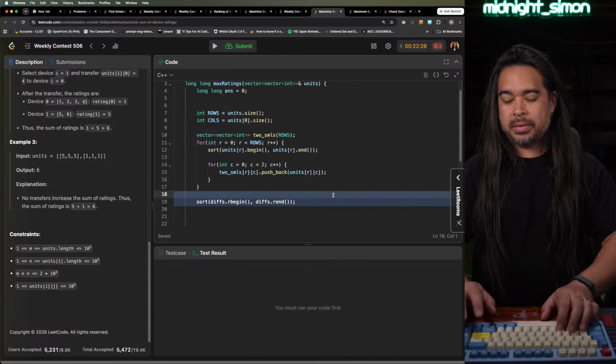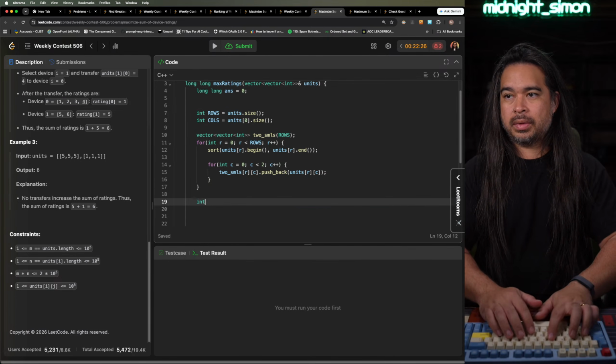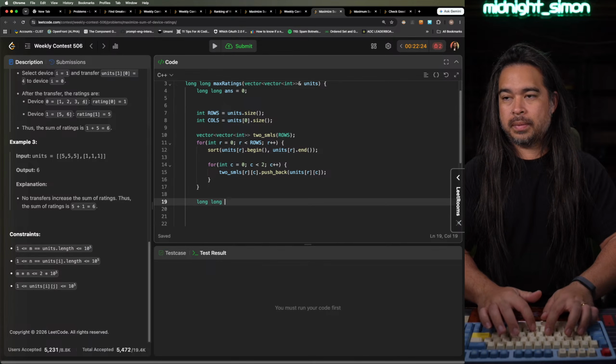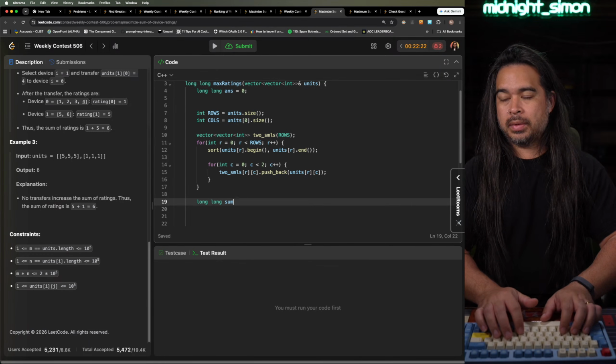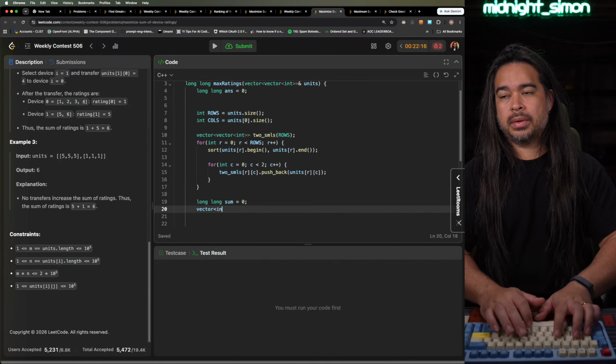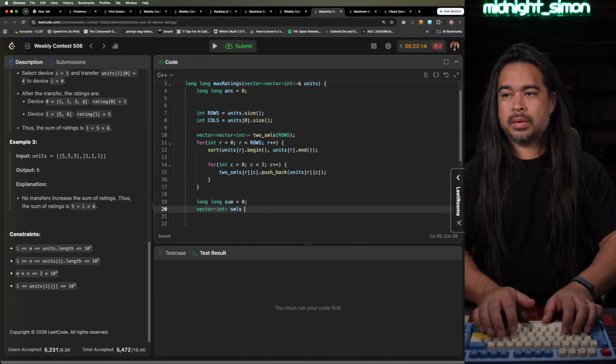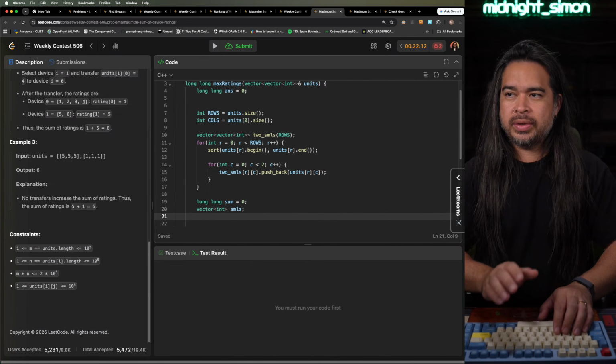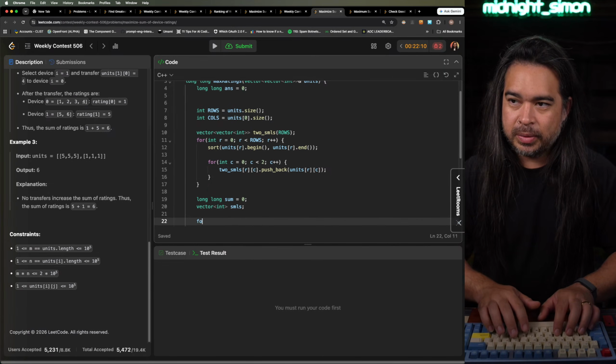So now I want to iterate through all of my smallest units.